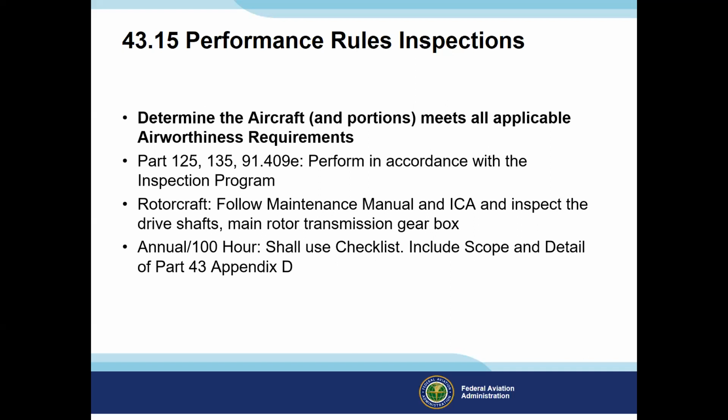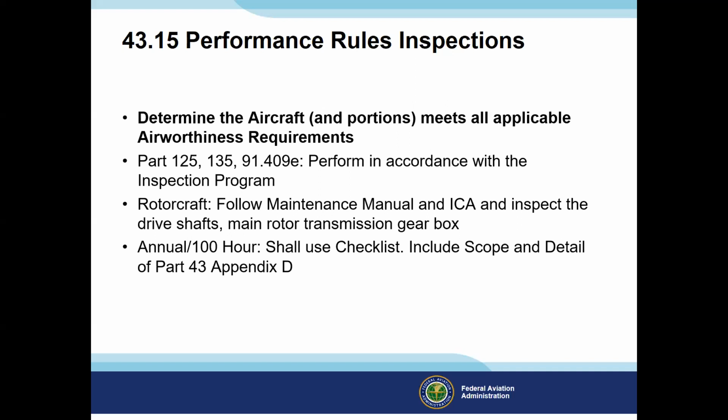For the annual and 100-hour, you shall use a checklist with the scope and detail of Part 43 Appendix D. A lot of people say they use it, but they don't have a checklist. Remember, for maintenance log entries, you are stating the work performed is approved for return to service and airworthy. A log entry for an inspection has a certification statement that the entire aircraft is airworthy.